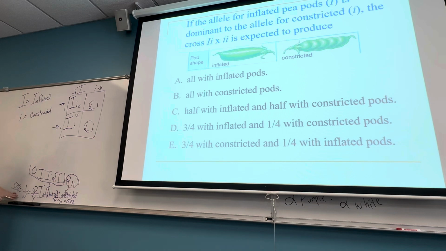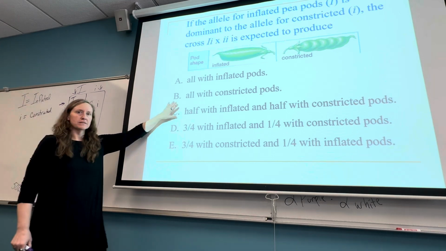No. We have some constricted. All constricted? No. Half inflated and half constricted. Yeah, that one looks good, right? There is nothing about 3/4 and 1/4. So that makes C our best answer.